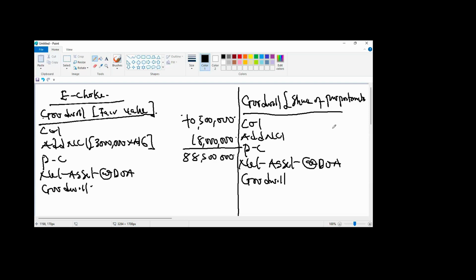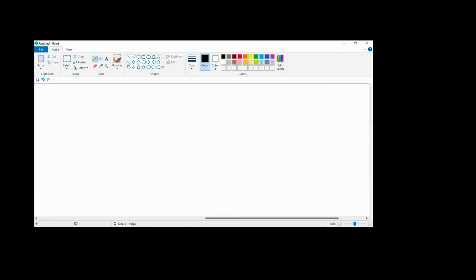So the carrying amount of the net assets was initially 60 million. So what will now be our new carrying amount? Don't forget the net asset must be at fair value.